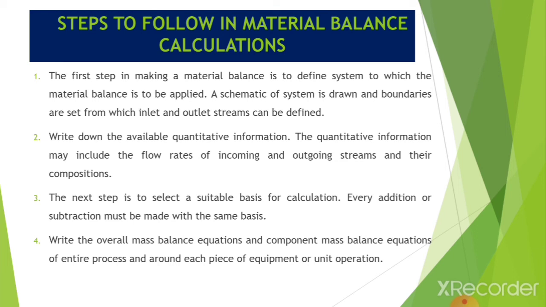First, we have to define a system to which we have to apply the material balance, and then we have to draw a schematic, and boundaries should be fixed from which inlet and outlet streams can be defined. So just we have to draw the box and in that box we have to write down the name of that unit operation or that particular process.